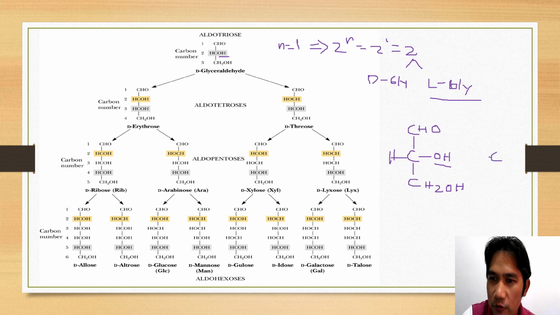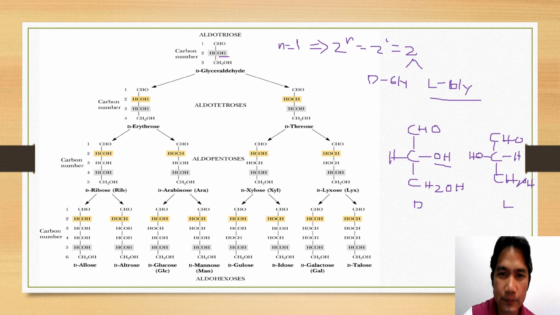So we will have what we call L-glyceraldehyde. So these are the two arrangements that we obtained from the formula. Again, let me label this as the D enantiomer, and the other one is the L enantiomer.